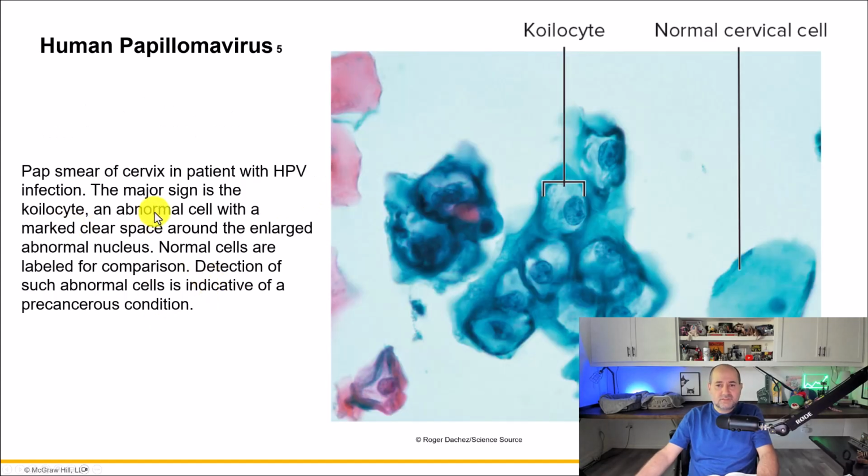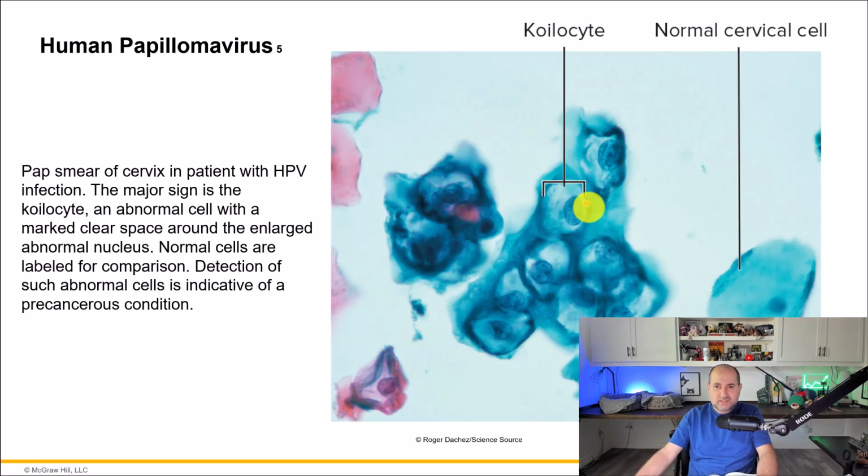Here you can see the product of a pap smear from a cervix from a patient who's HPV positive. And what you're looking for are, here you can see a normal cervical cell, what a normal cervical cell should look like on the right. And then notice here we have koilocytes. Koilocytes are an abnormal cell with a marked clear space around the enlarged abnormal nucleus.